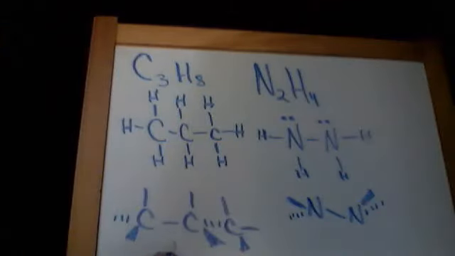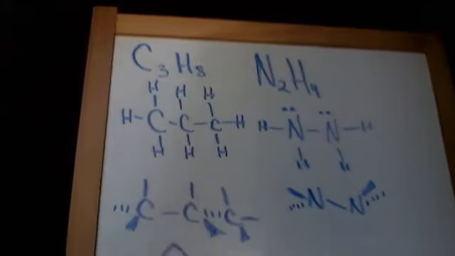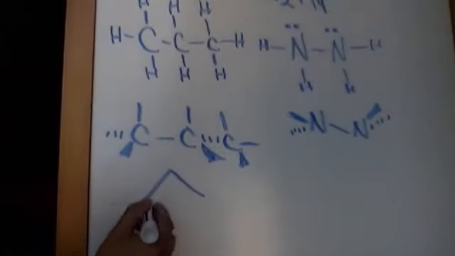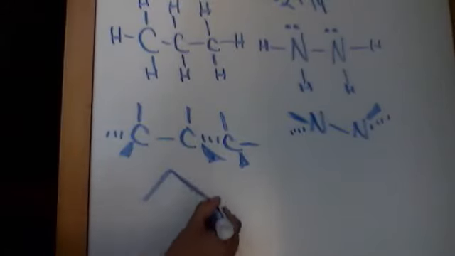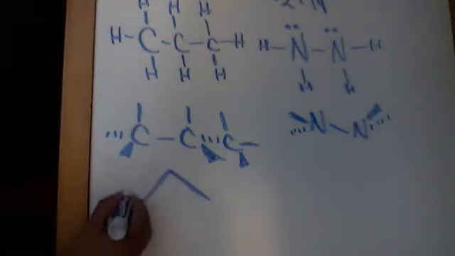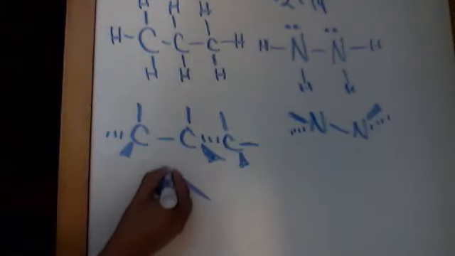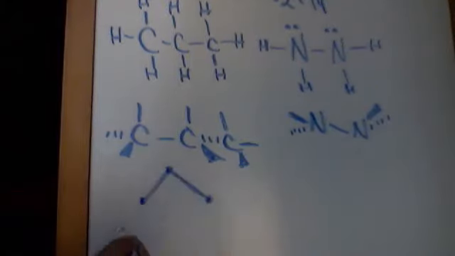Things to remember: these carbons are not flat. They have a shape which is tetrahedral. So if we look at them in a 3-dimensional space, I'm going to see a zigzag line. And that's where it shows me the next type of representation, which is the line structure, in which each vertex or each end of the line represents a carbon atom.